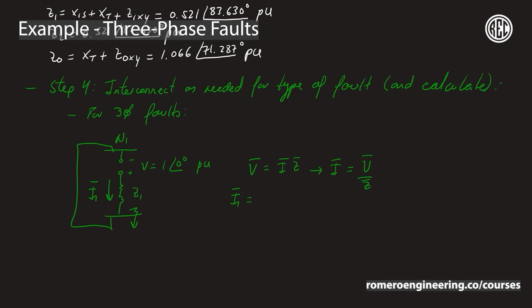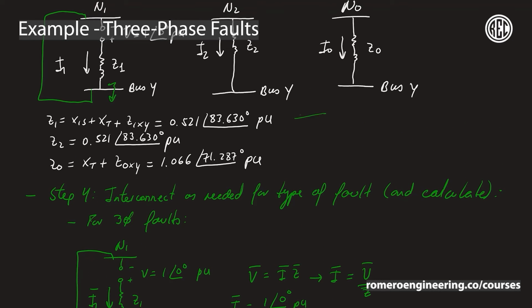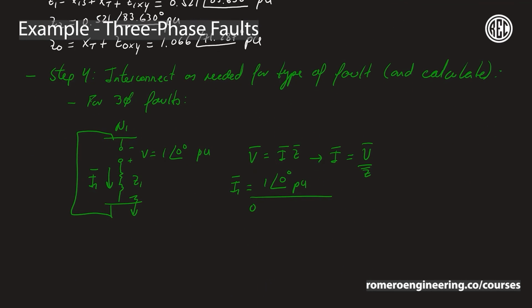So we can easily then calculate the positive sequence current I1. That's going to be equal to the voltage 1 at an angle of 0 per unit, divided by the positive sequence impedance, which we calculated over here at the top. So that's simply equal to 0.521 at an angle of 83.63 degrees. That's in per unit.